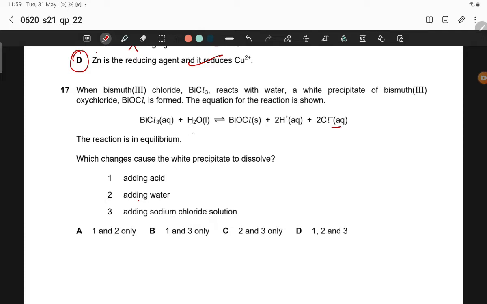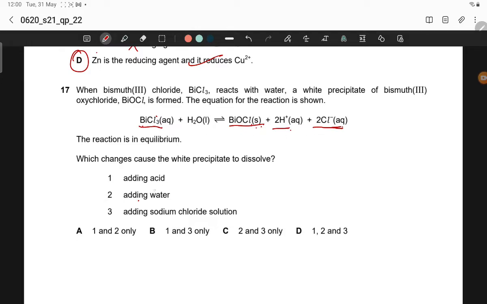Over here bismuth oxychloride is solid, so we need to increase the concentration of hydrogen ions and chloride ions. Then the reaction will shift backward, and bismuth oxychloride will dissolve to form bismuth 3 chloride, aqueous form.